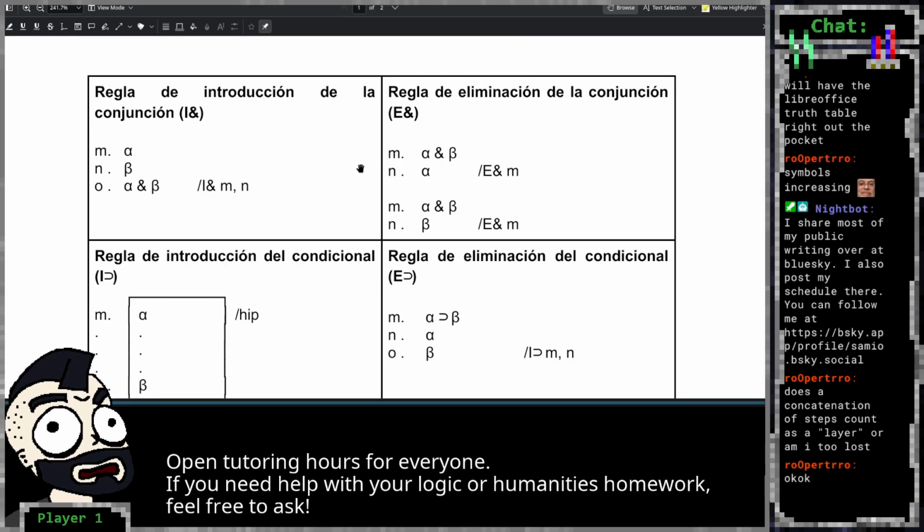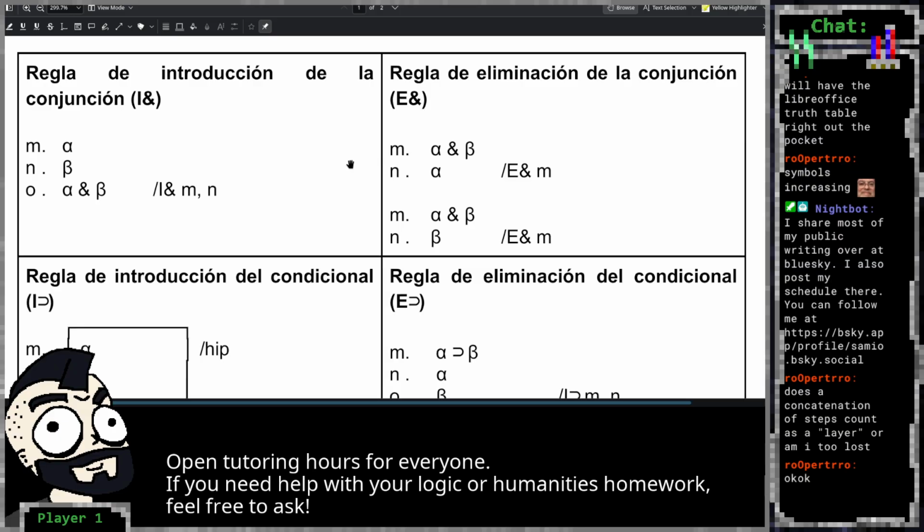Okay, let me go over some of the rules and I'll provide an example so this becomes a little more clear. So this is the rule of conjunction introduction. Please, English speakers, introducción in Spanish means introduction. Eliminación means elimination.